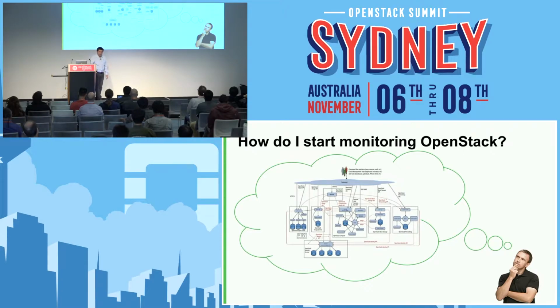Okay, if you're convinced it's important to monitor your OpenStack, where should you start? If you look inside OpenStack, there are many, many moving parts and many dependencies in between.